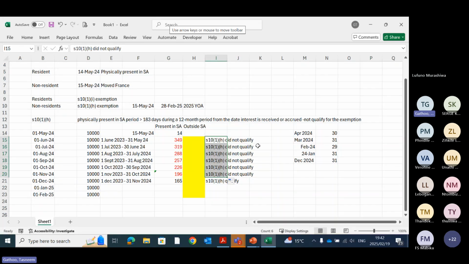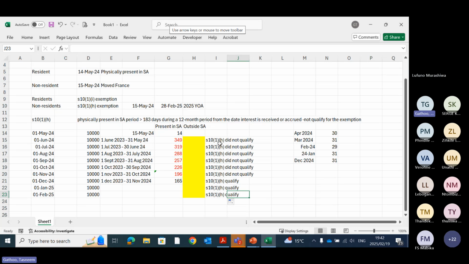Okay, so in this case, if we go forward, her days are just going to get less and less, right? For the periods of December, January, and February, the Section 101H exemption applies.